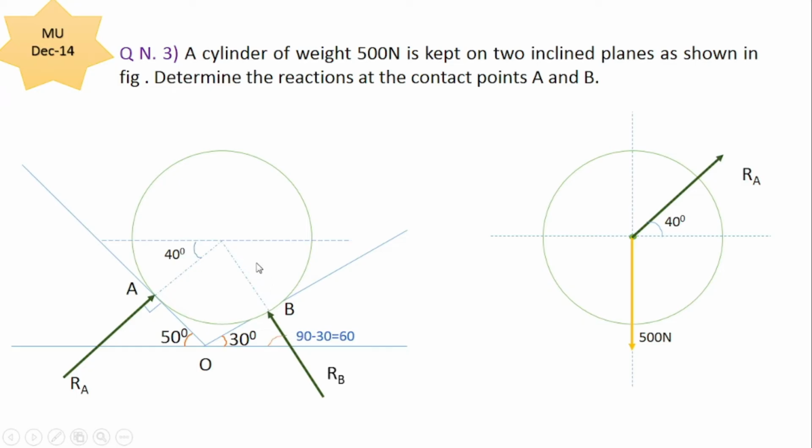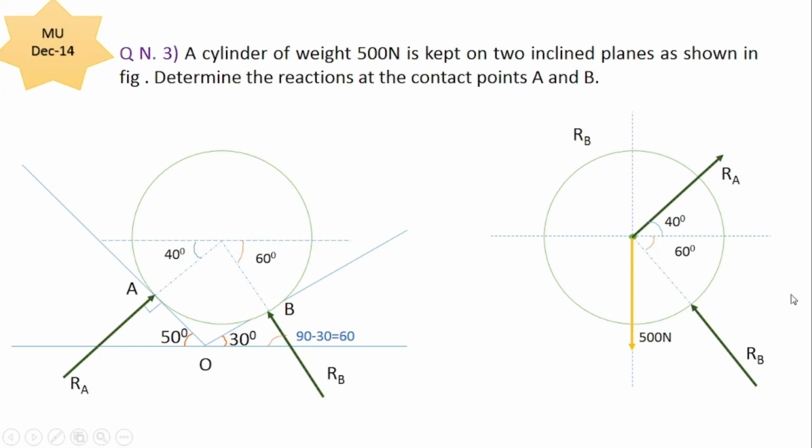This angle and this angle are alternate angles. So here we can represent this reaction force on our FBD. This is the representation of RB passing through the center, towards the center. This angle will be 60 degrees.